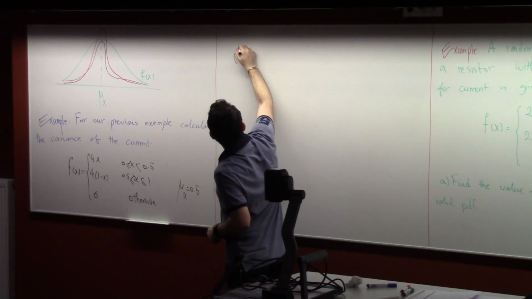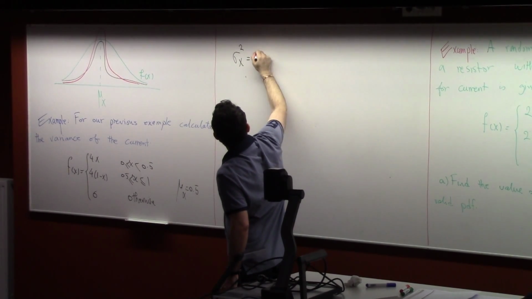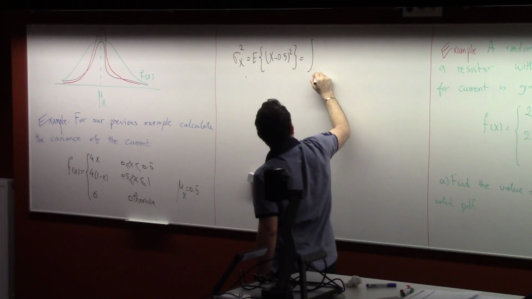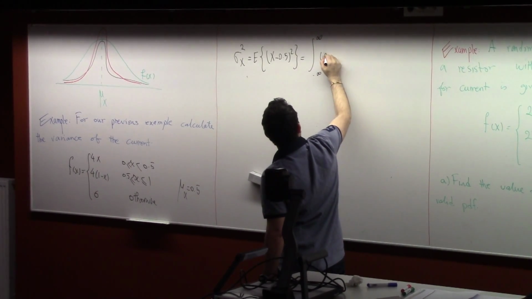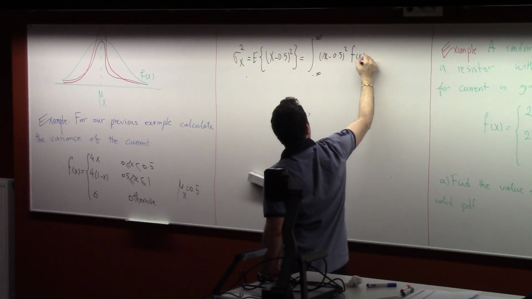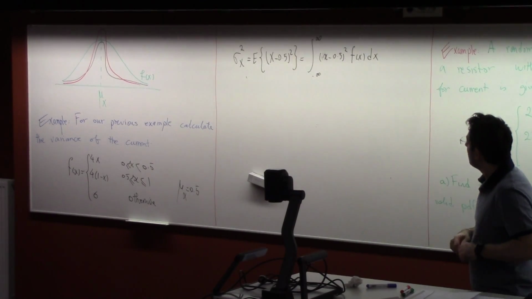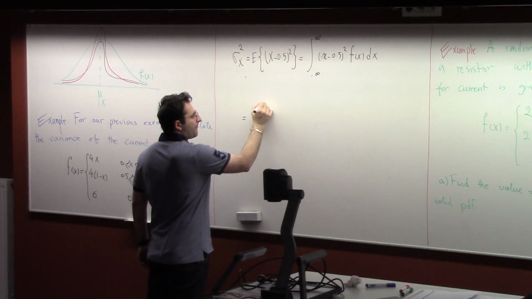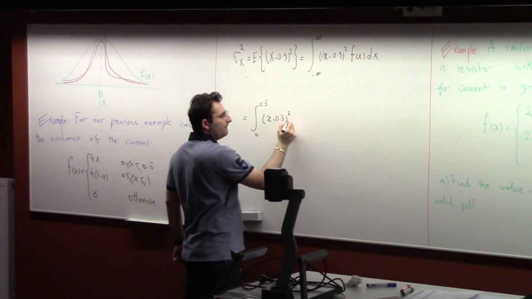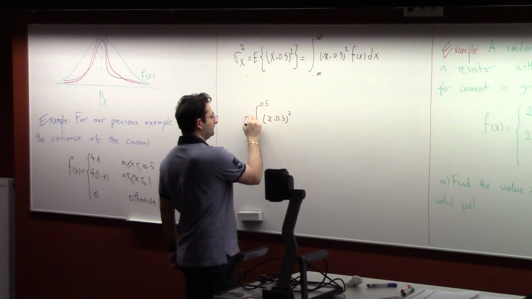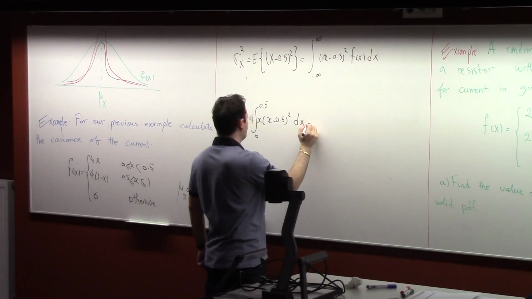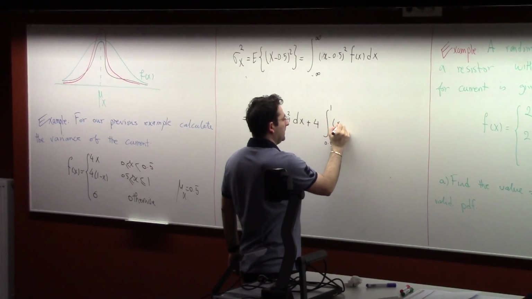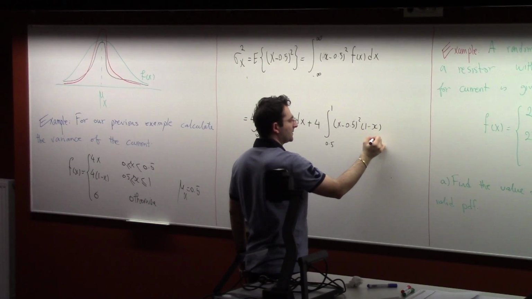So what we want to calculate is sigma square of x, which is the expected value of x minus 0.5 squared, which we understand is this integral: 4x plus 4 times x minus 0.5 squared multiplied by 1 minus x.